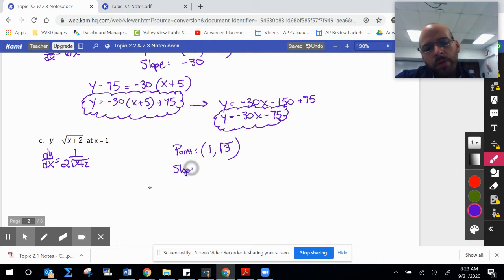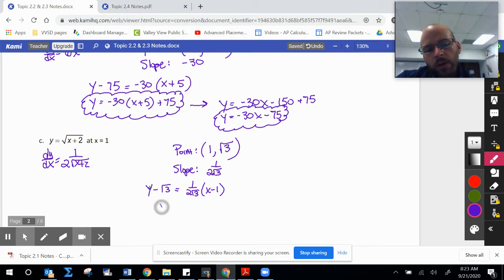My slope, if I plug 1 in, would be 1 over 2 square roots of 3. You do not need to rationalize. So if I write the equation of my line, I would say y minus the square root of 3 equals 1 over 2 root 3, x minus 1.